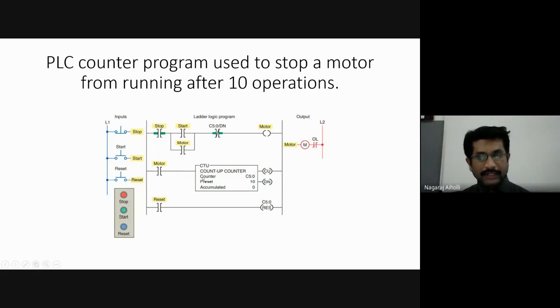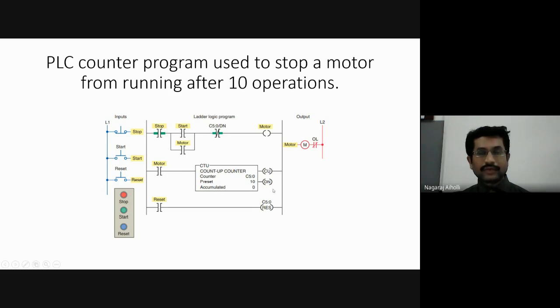As it becomes high, the CU bit, the up counter bit, is enabled, and the up counter will start to count. It will count 0, 1, 2, 3, 4, 5 up till 10 operations of the up counter. As it counts up to 10, the done bit will become high.